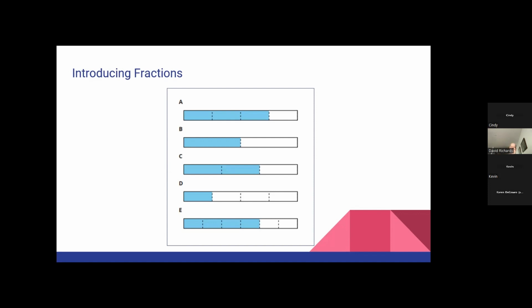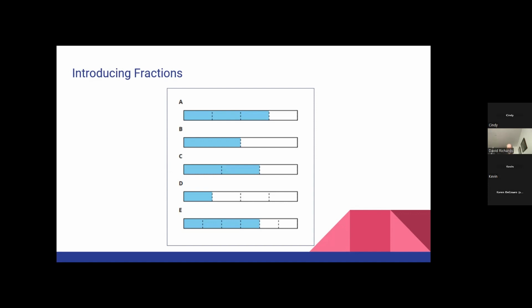Helen says students can see the relationship between part and whole. How many parts are in each whole? Karen says, thank you. So this activity is really all about comparing the fractions and looking for what we call equivalent fractions.